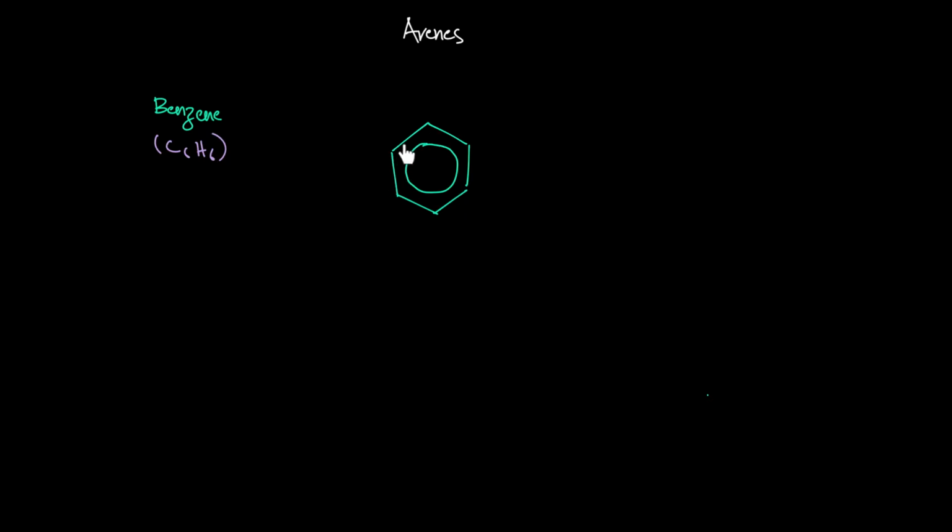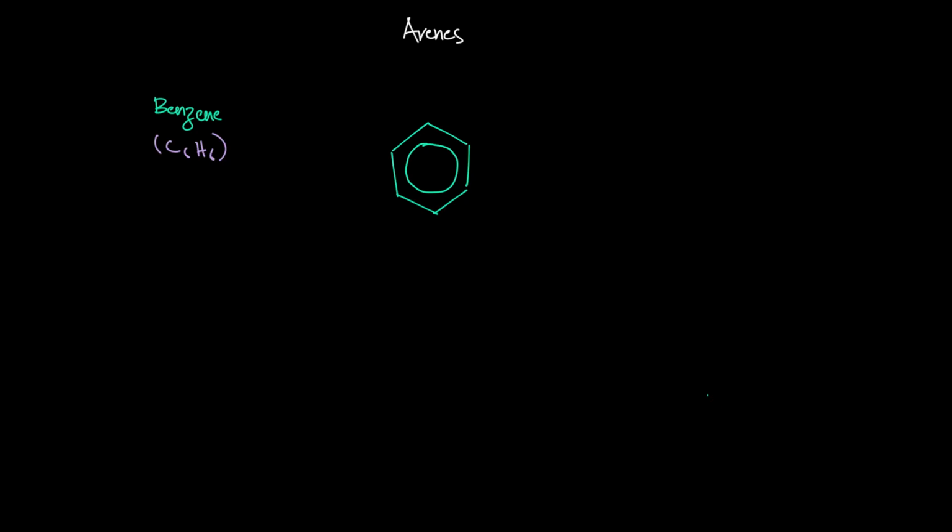One carbon, two carbon, and then the third would be a hydrogen, right? So each carbon atom is bonded to 3 atoms. In benzene, each carbon atom is bonded to 2 carbon atoms and a hydrogen atom.